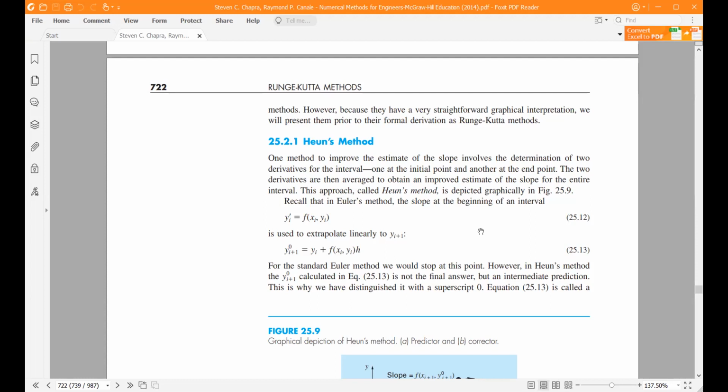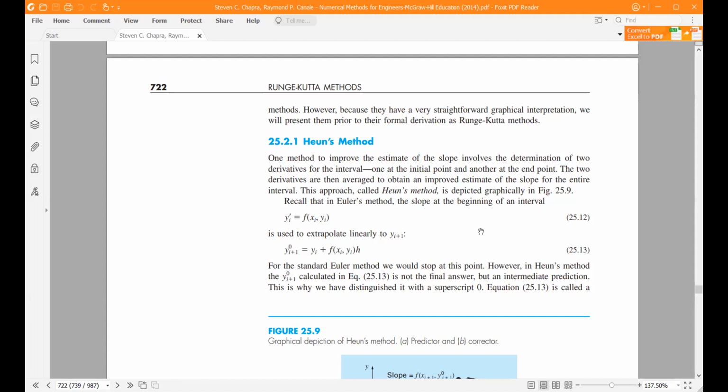if the method were Euler, then we would have stopped at that point. But as the method is not Euler, this is an intermediate step where a value of the function is calculated, and that value will be used to calculate the slope of the function at the end of the interval. Then you have your two slopes available, one at the beginning, another at the end.